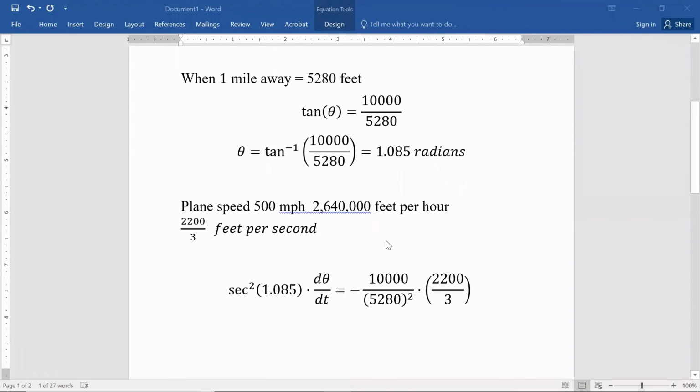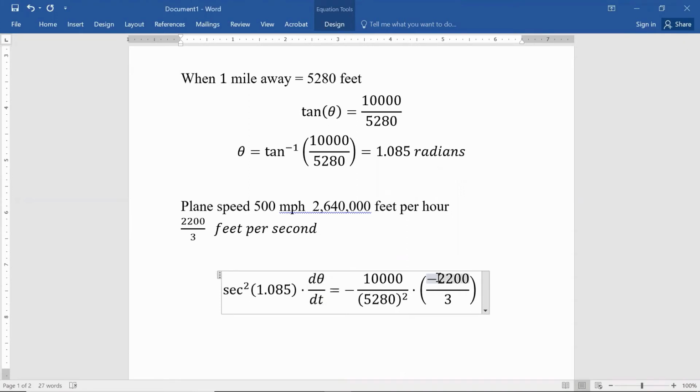Oh, I just noticed something, and I apologize for this, but when I drew my grid out, because the plane was moving towards the left, this speed should actually be a negative.